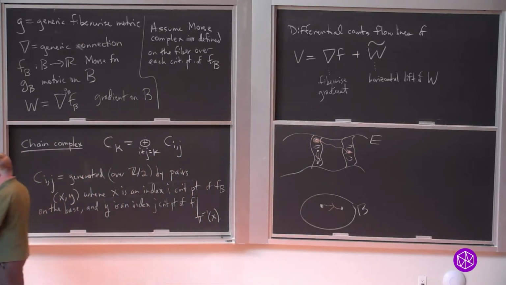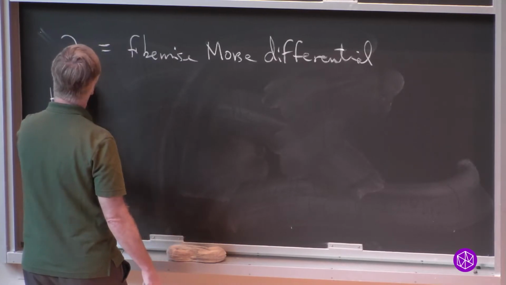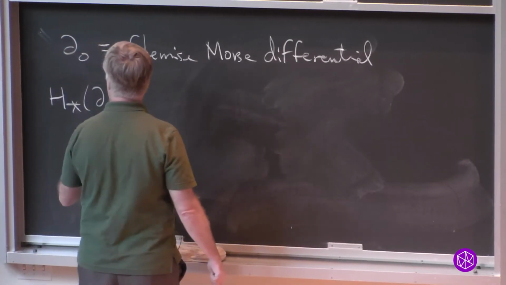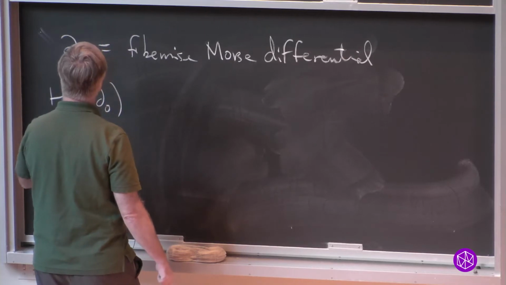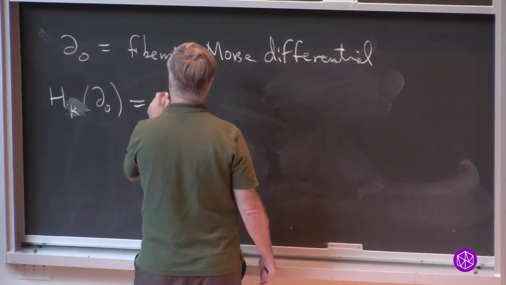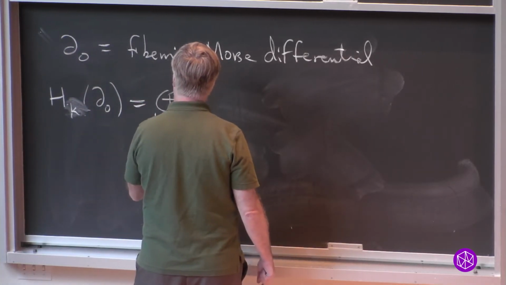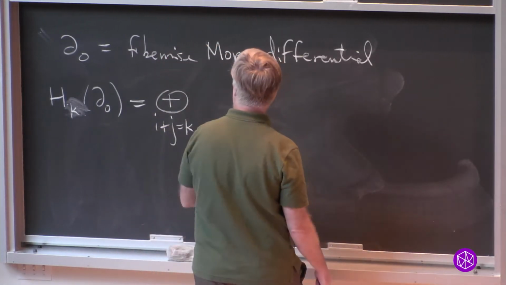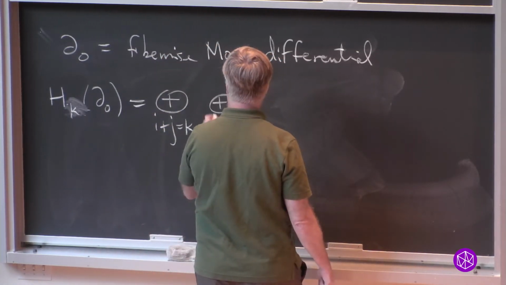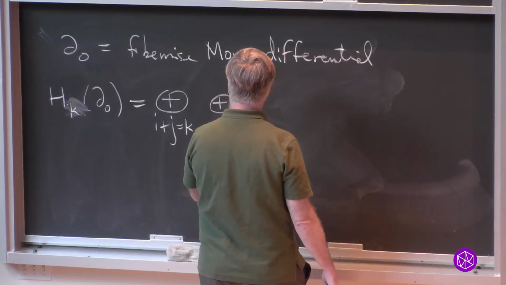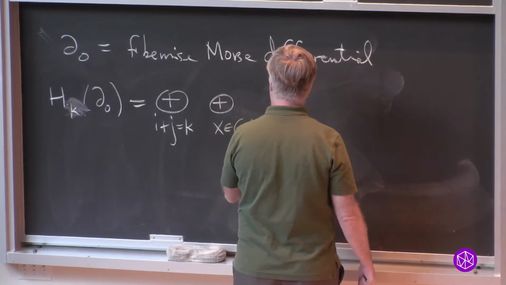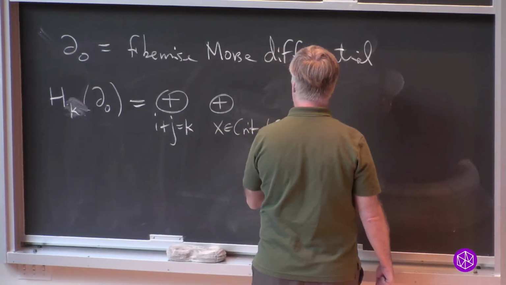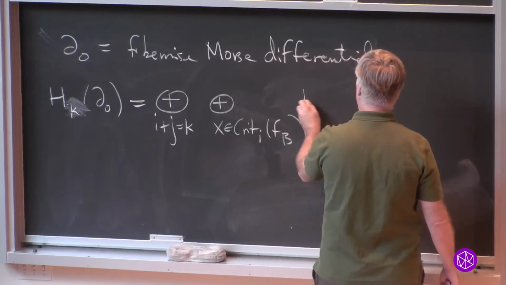So then the homology of d0 in degree k, if you like, is the sum over i plus j equals k, and the sum over x a critical point of index i of the Morse function on the base, of Hj of the fiber.